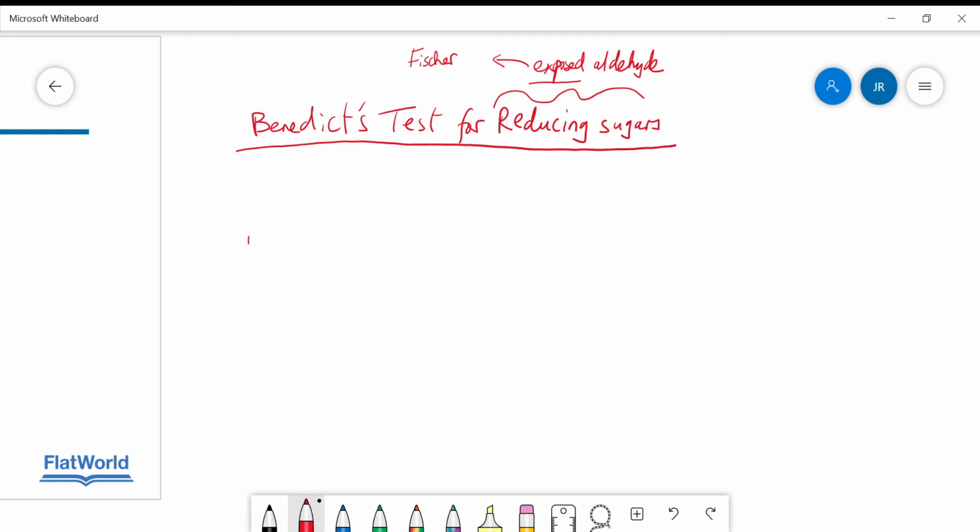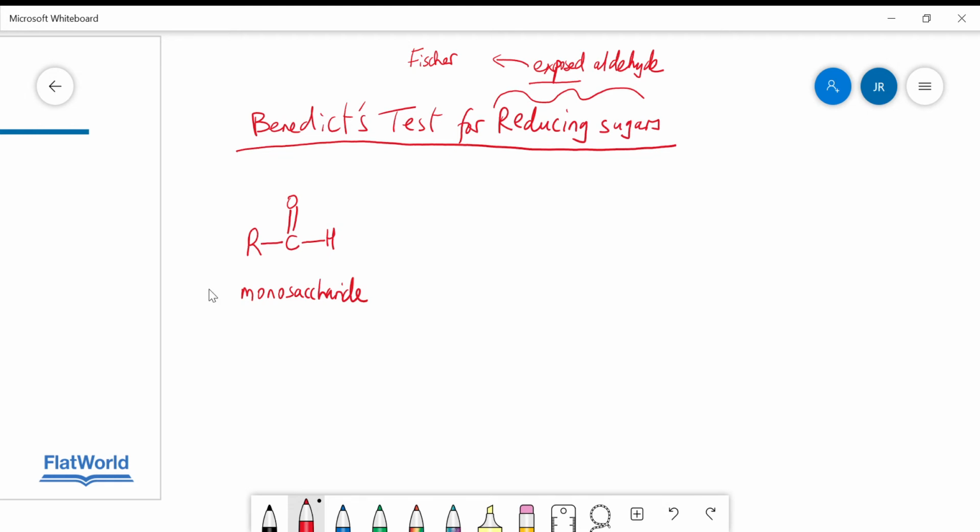So let's say we have our sugar, and we'll just draw an aldehyde because that's really what we need. So let's say this is our monosaccharide. Or it could be anything, a different type of sugar, but the essential part we need is the aldehyde.